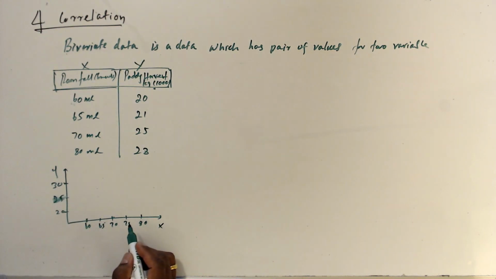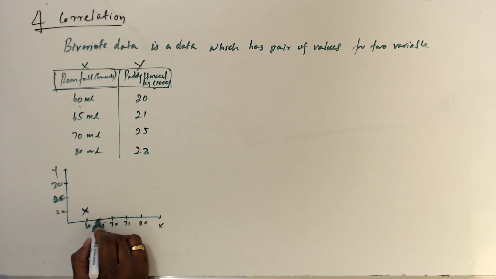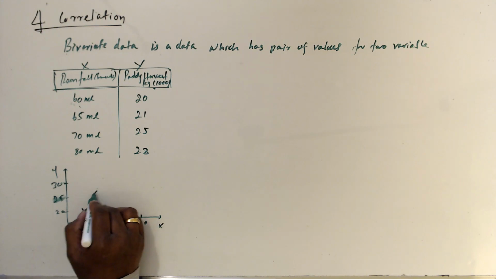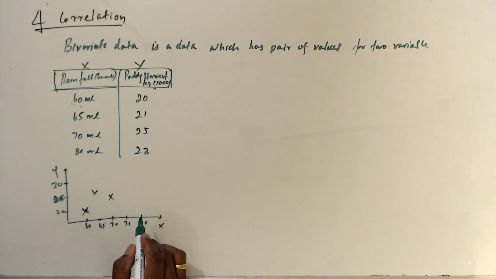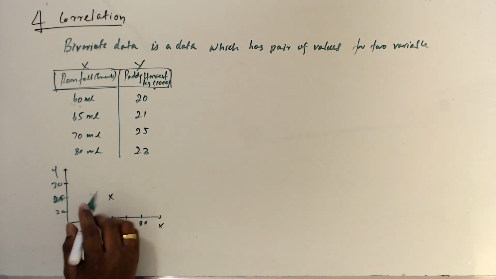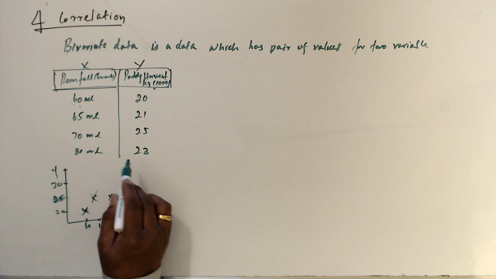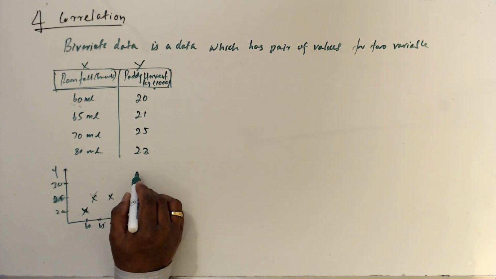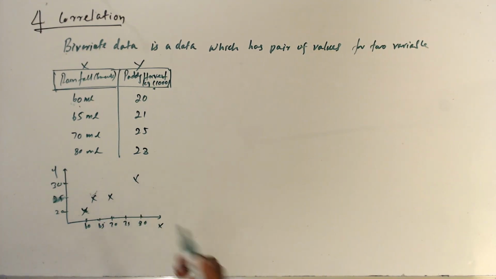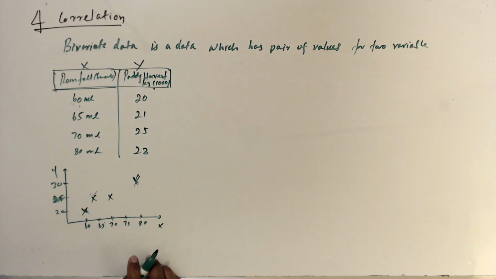So 60 to 21, 65 to 25 somewhere here. For 70 it is 25, 21 here, and 25 at 75. If it is 80, it is going to be 28 somewhere here. Likewise, I put this data into a scatter diagram.